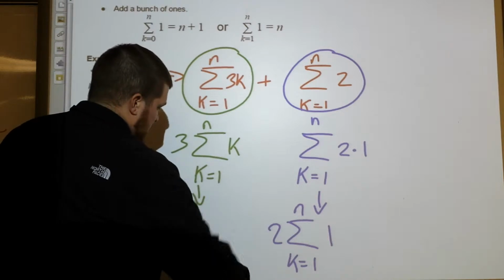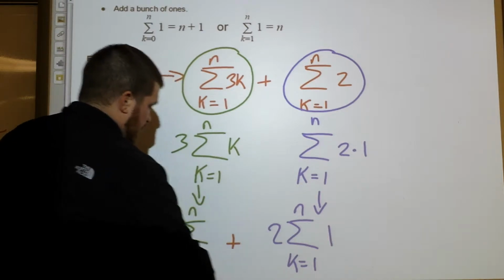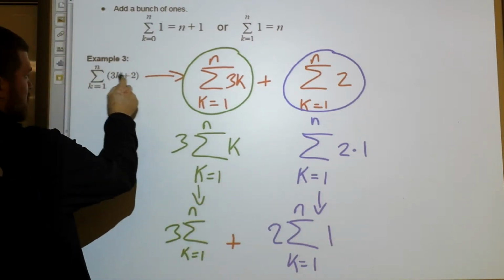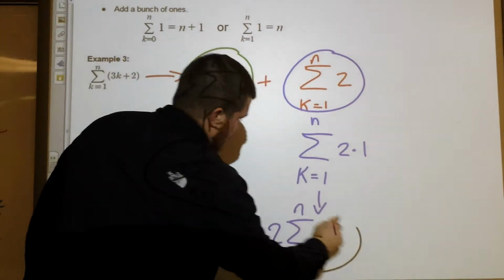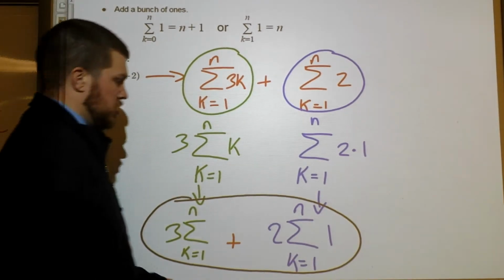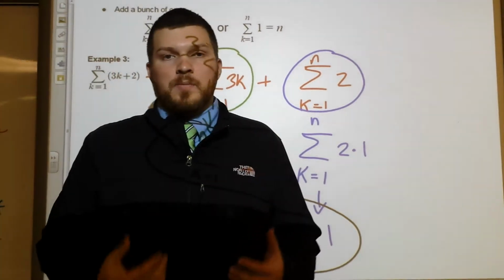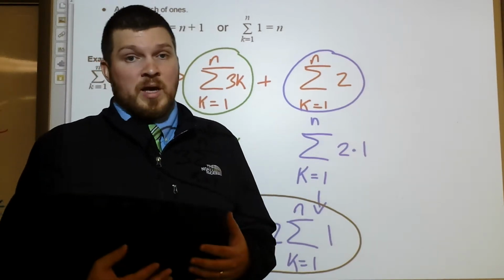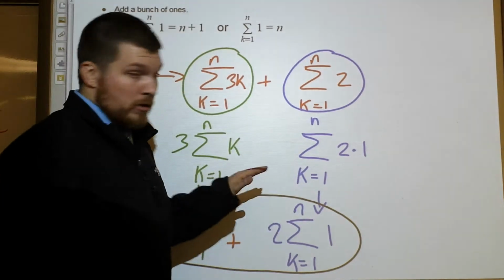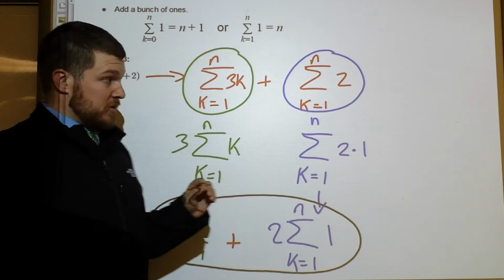And then plus just stayed in the middle. So for now, our original series that we were trying to find can be rewritten as this. Again, we're just using these sigma identities to help us rewrite these problems because it's going to help us later on. As we add more identities, we're going to be able to go farther and farther and farther. Take baby steps.